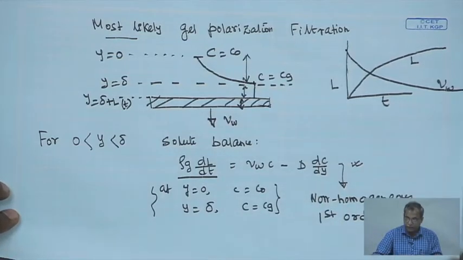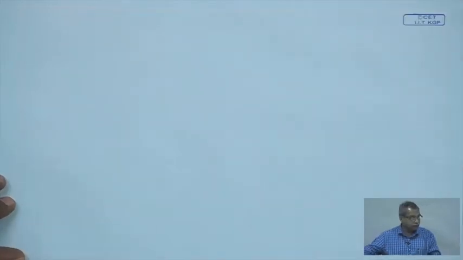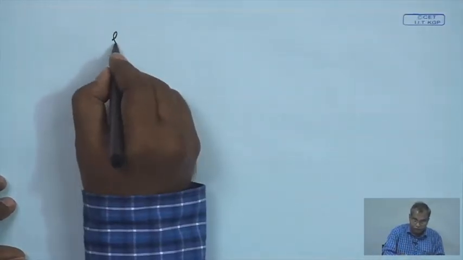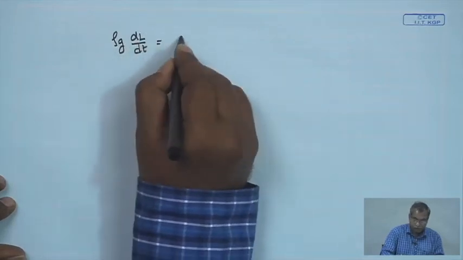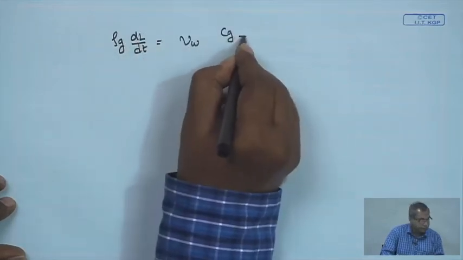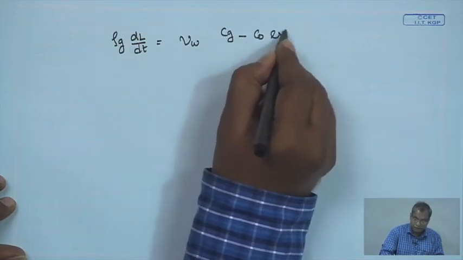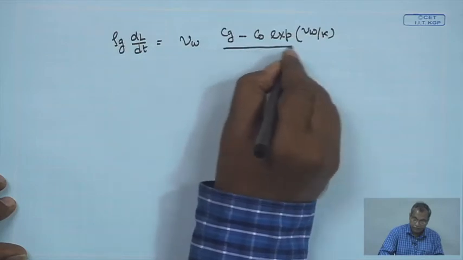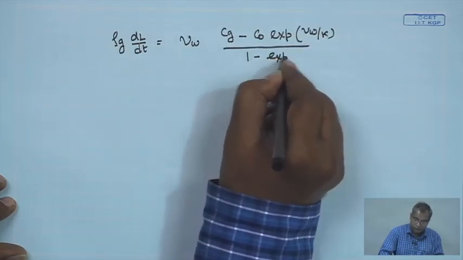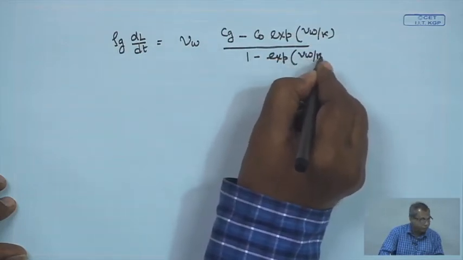If you carry out this integration, then ultimately you will get rho g dL/dt equal to V w (c g minus c naught exponential V w by k) times (1 minus exponential V w by k).